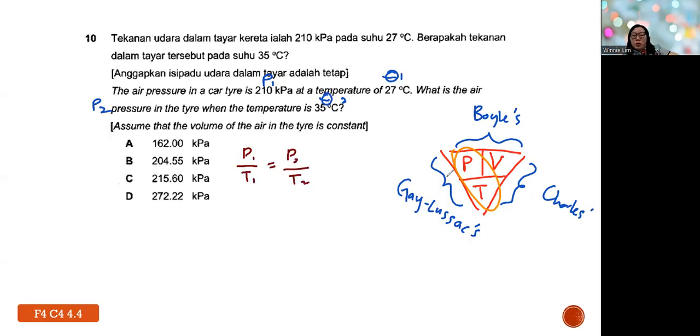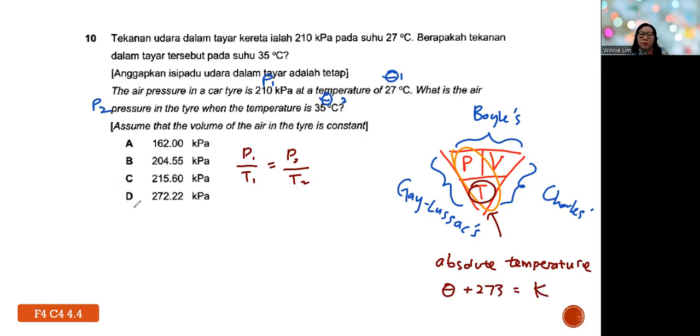I always tell students, whenever you apply the formula for Gay-Lussac's law or Charles's law, V1 over T1 as well, this T is called absolute temperature. Absolute temperature means the temperature in Kelvin. How do you change it to Kelvin? Theta plus 273, then you will have your value in Kelvin.